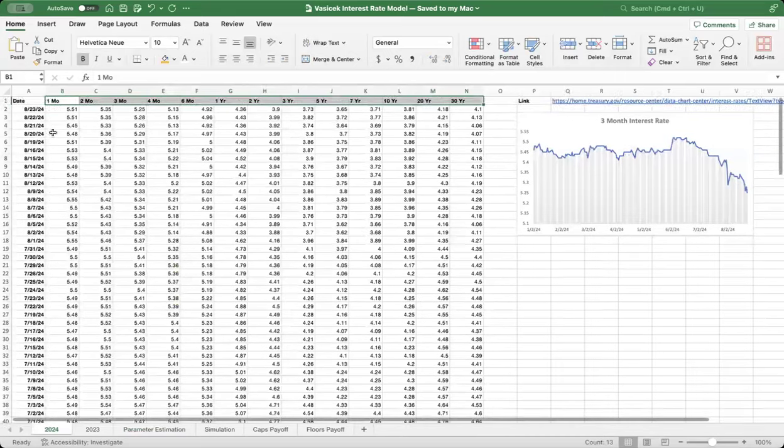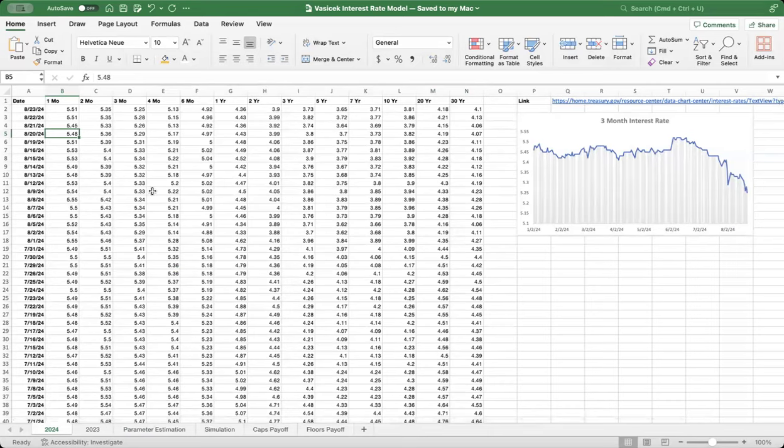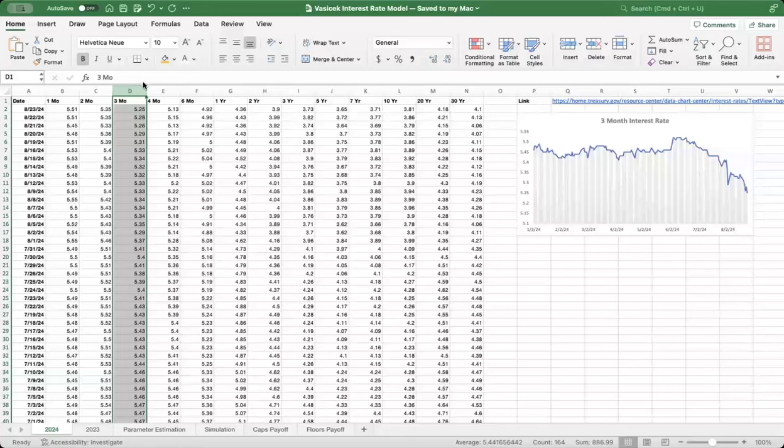for all different dates. Now, in the first Vasicek video, I was telling you that the rates are stochastic, the rates are random. But what does it really mean, how can rates change? In this video, we'll be forecasting the 3-month interest rate. If you see, every day the rates are changing by some amount.